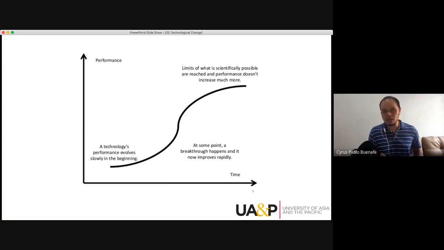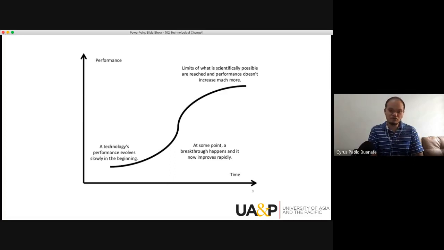It can be speed, accuracy, storage, throughput, amplitude, volume, anything of that sort, or scope. So the metric for performance can vary, but let's bundle all of them as performance. So that's your vertical or y-axis.